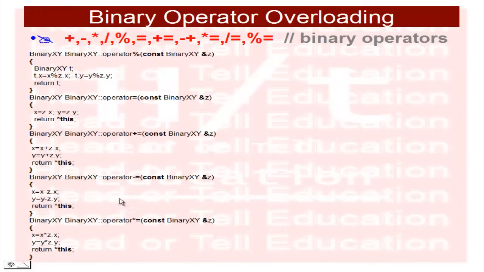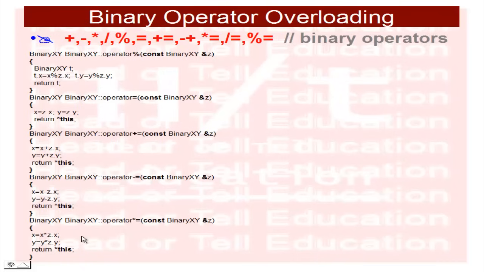Okay, now again same, equal to minus equal to, change the sign and return *this pointer. Again here I have changed *= means multiply equal to, so change x = x * z.x and y = y * z.y and return *this pointer.